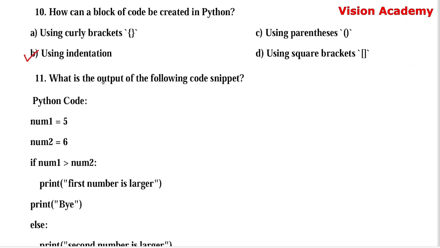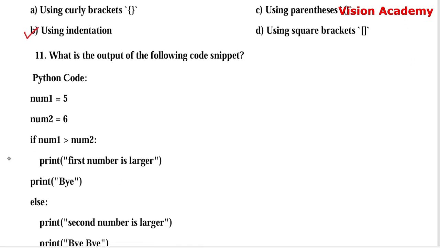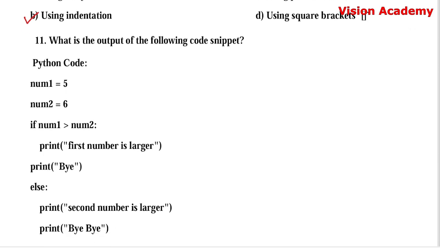Question 11. What is the output of the following code snippet? Python code, num1 is equal to 5, num2 is equal to 6. If num1 is greater than num2, print first number is larger, print bye. Else it has to print second number is larger, print bye.